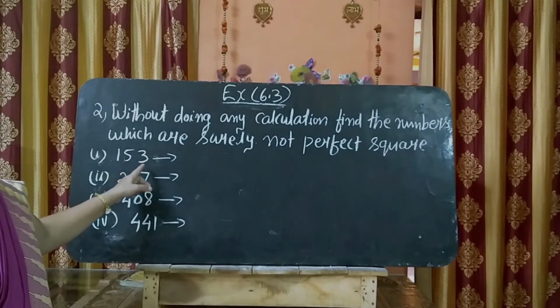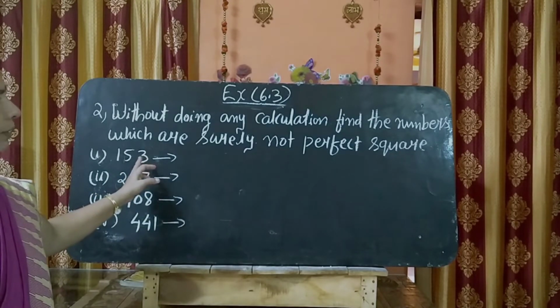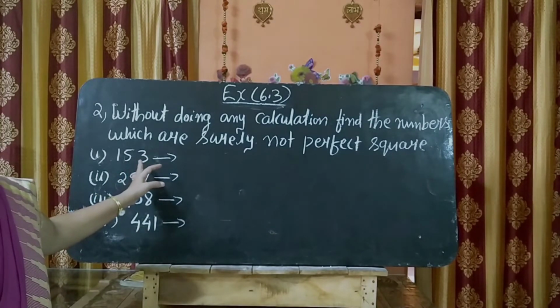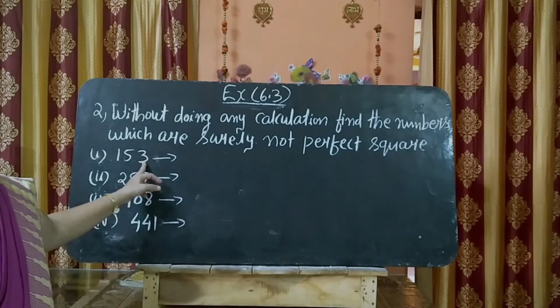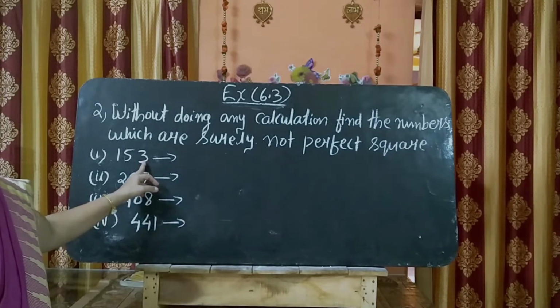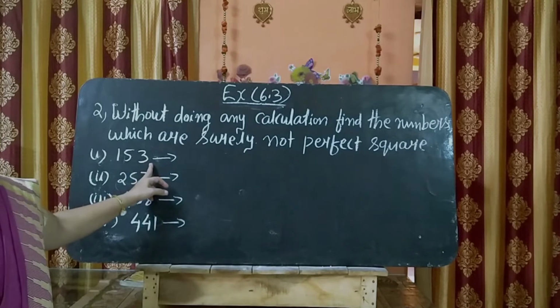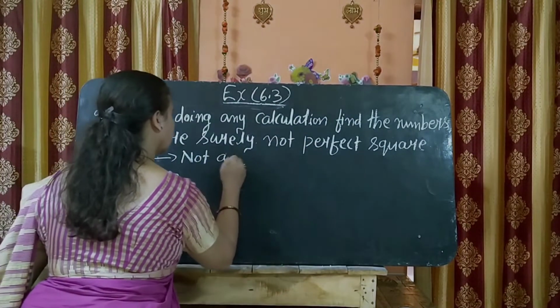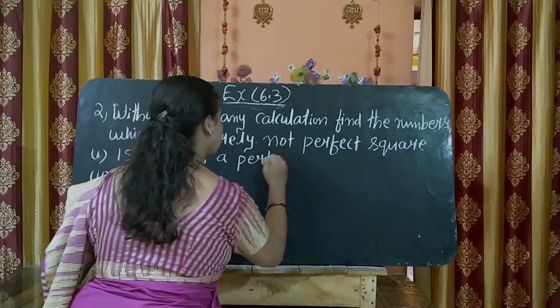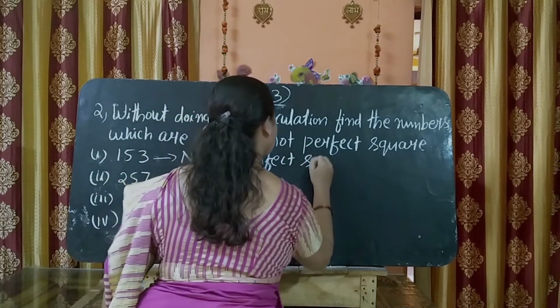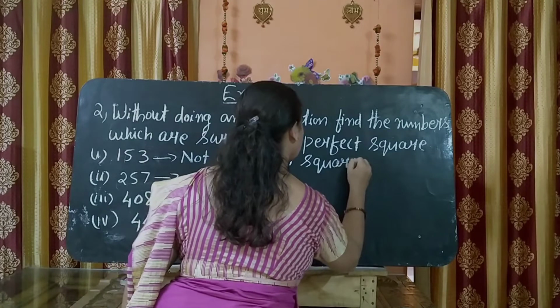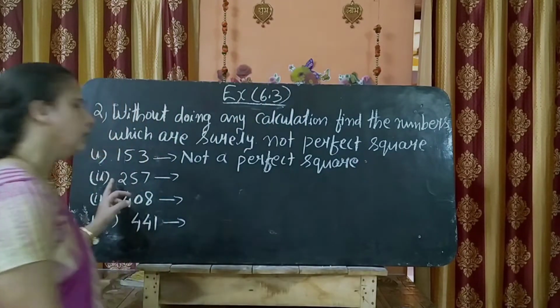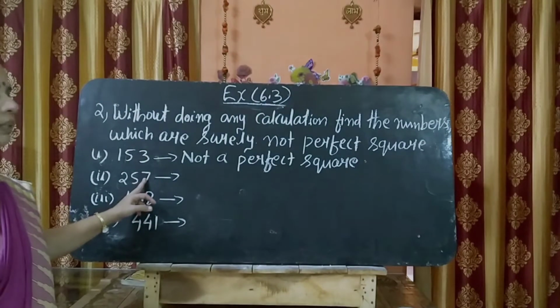Unit place is 3. Is it a perfect square? No. Why? Because here unit place is 3. So, this is not a perfect square. Next question is 257.